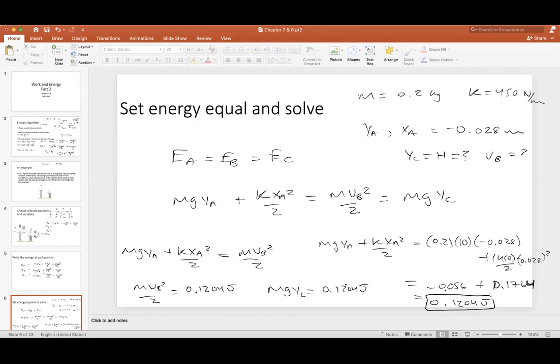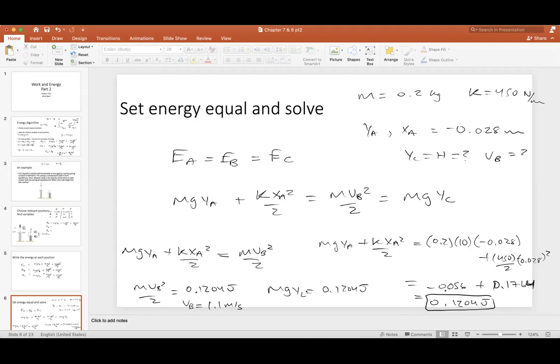So you could solve them algebraically, or you could just find the energy, and you know that the energy at every point is equal. So doing this, I get VB is the square root of 2 times that divided by 0.02 or 0.2, and taking the square root, I get 1.1 meters per second.